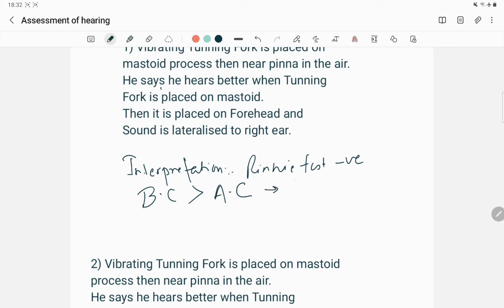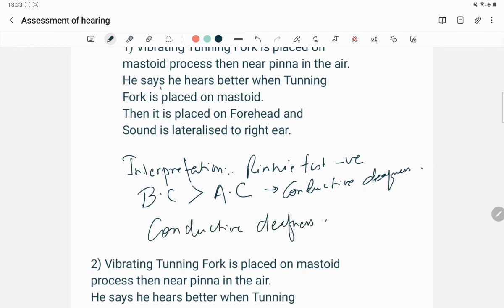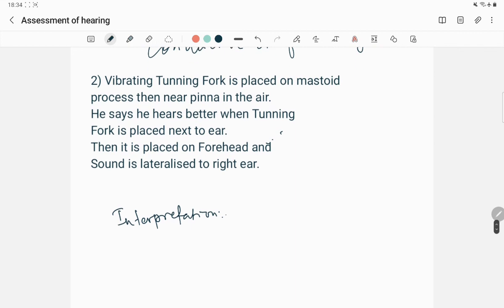So it implies there is conductive deafness, that means conductive deafness in the right ear.